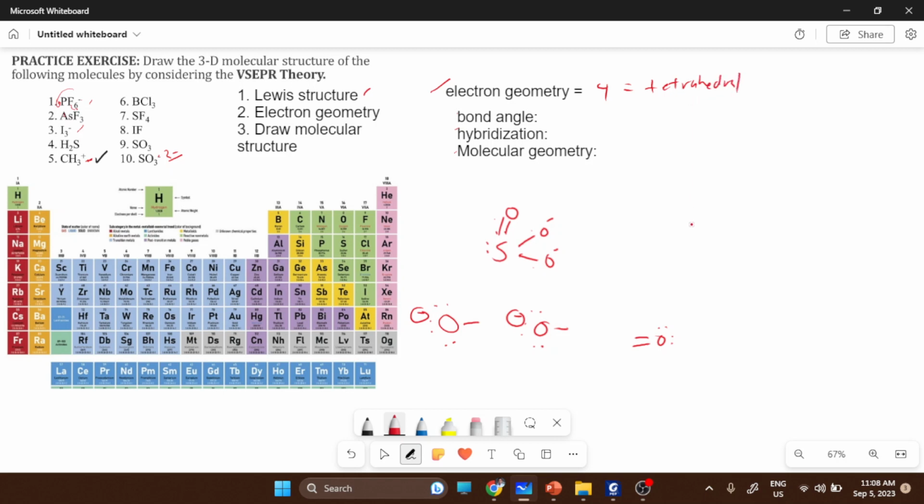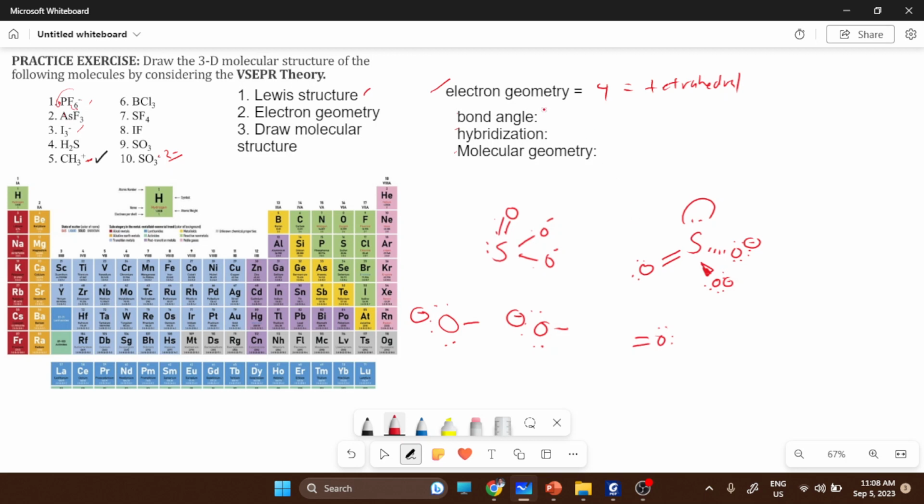Tetrahedral natin. And then after that, the sulfur, syempre meron tayong lobes here. The plane, ayan, if we draw the molecular structure, so solid wedge for the negatively charged oxygen, and then dash wedge for the other negatively charged oxygen.